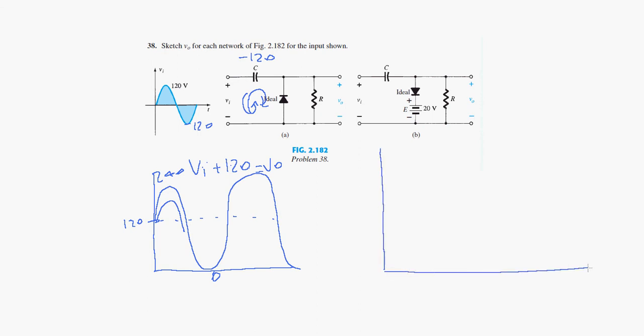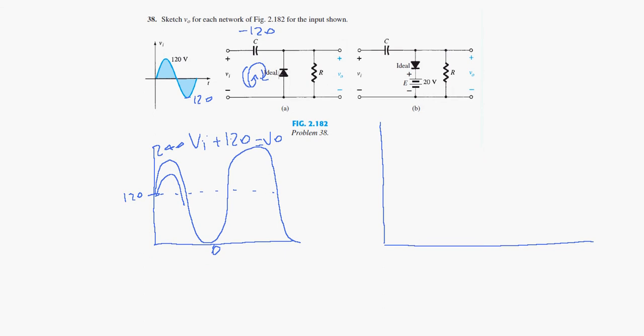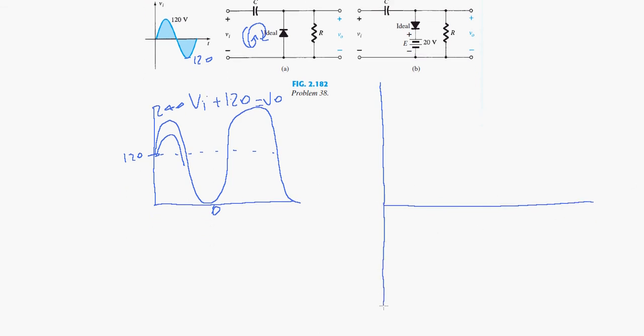And now look here, the diode is in the opposite direction to this one. So as you can see, it is going to be the opposite. This is going to shift the sine wave downwards by minus 120. So if you imagine minus 120 here, the first step is to see that it will shift it downwards like this, because the diode is reversed.